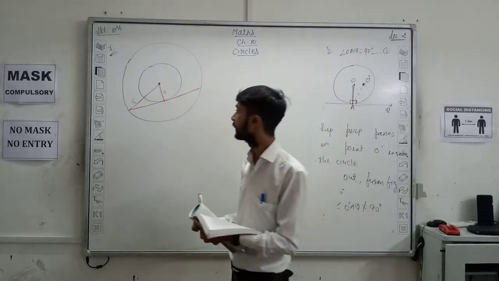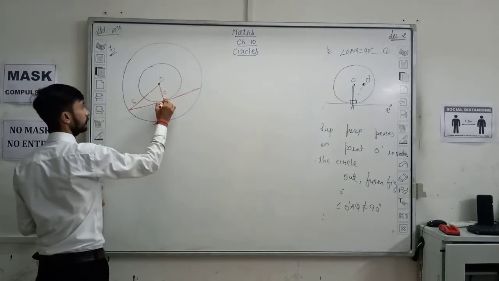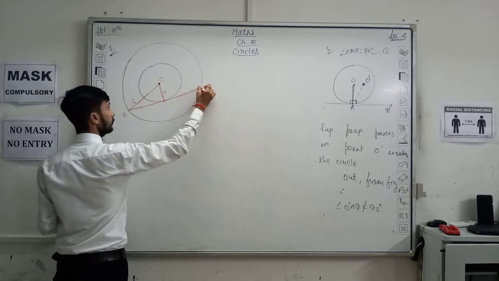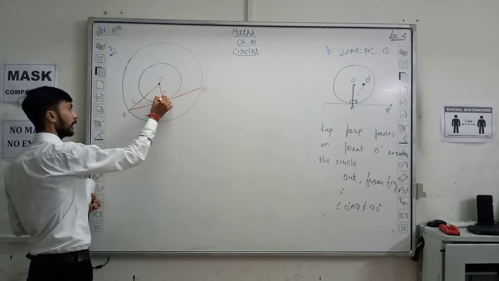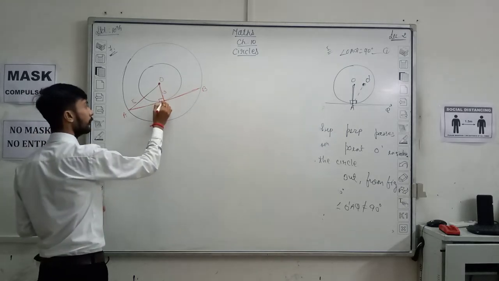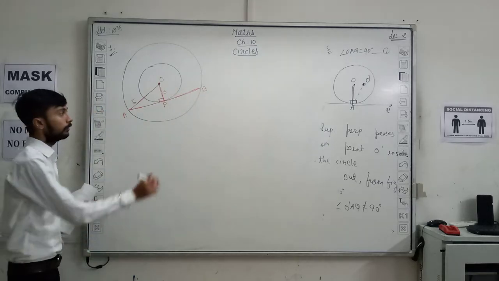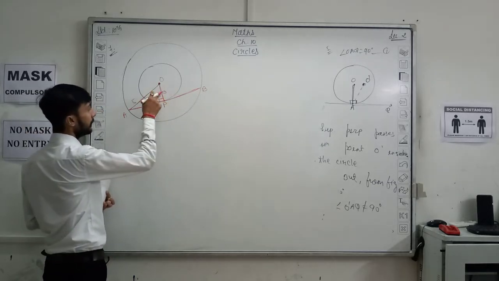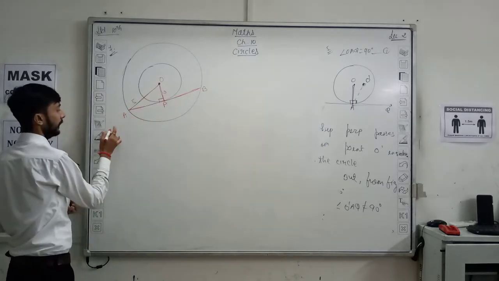We need to find the length of this chord, name it AB. We know that this is the perpendicular, because this is the point of contact and AB is a tangent of the smaller circle, and we use Pythagoras in triangle OPA.